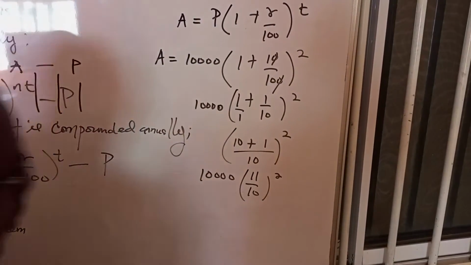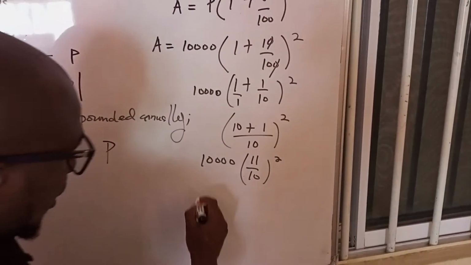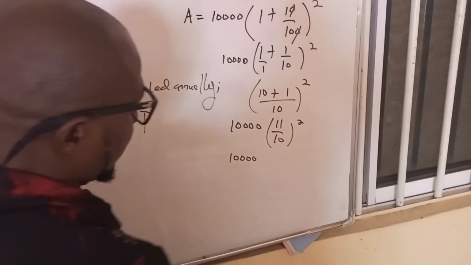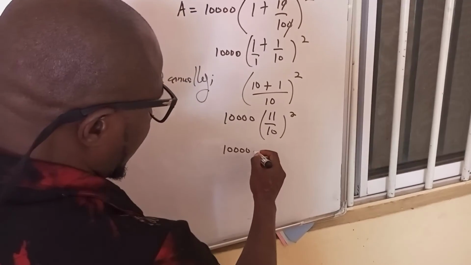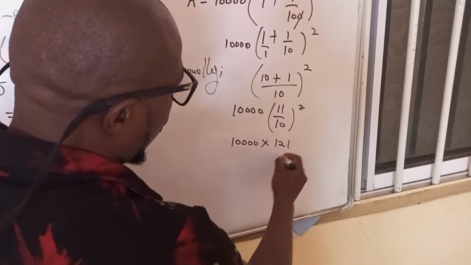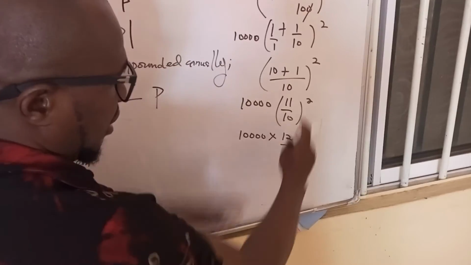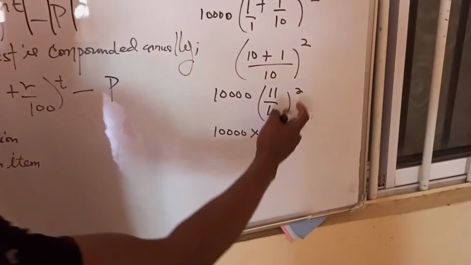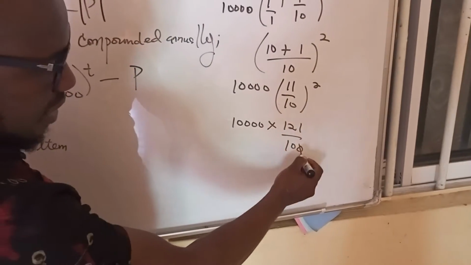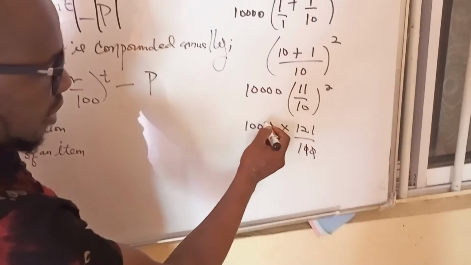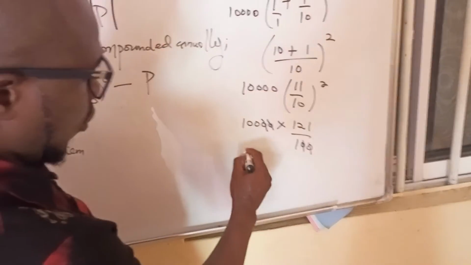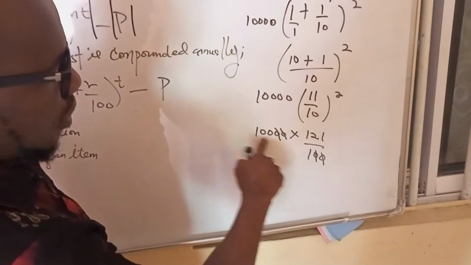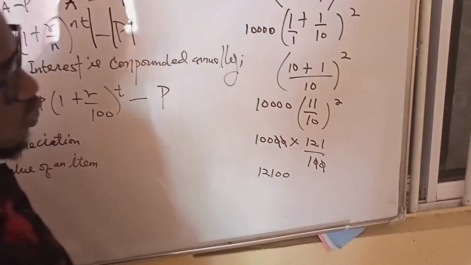So we can also see that this is 10,000 times 121 all over 100. That is, I have to find the square of these two numbers. This will cancel this. 121 times 100, just simply add the two zeros.